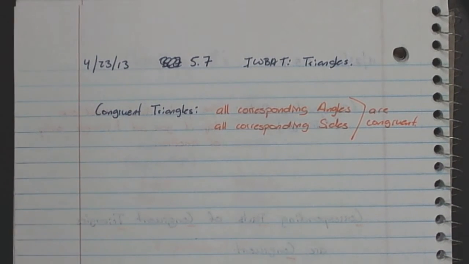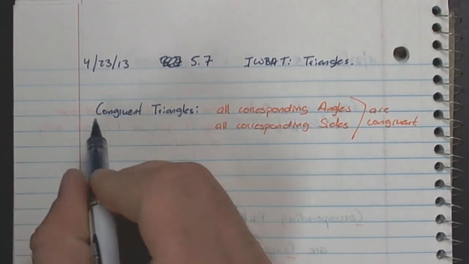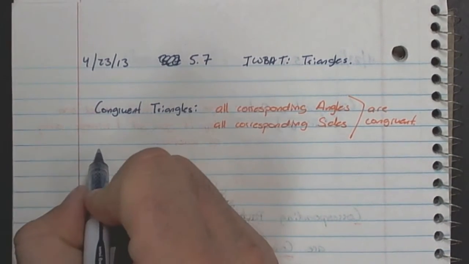Congruent triangles are two triangles in which every corresponding angle is congruent, has the same measure, and every corresponding side also has the same measure. The question is, what is a corresponding part?